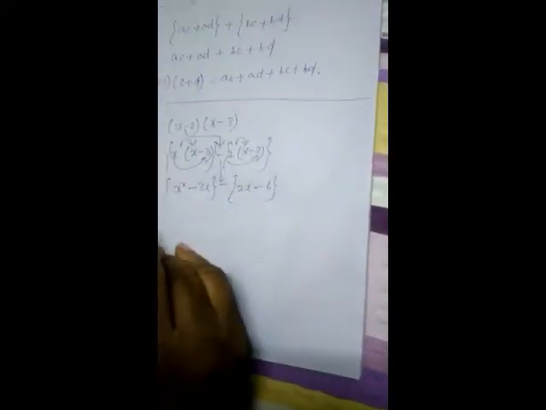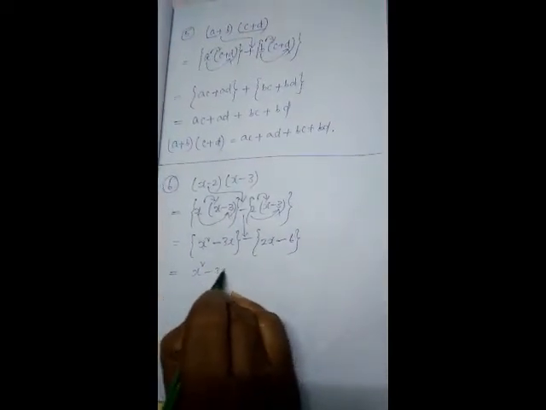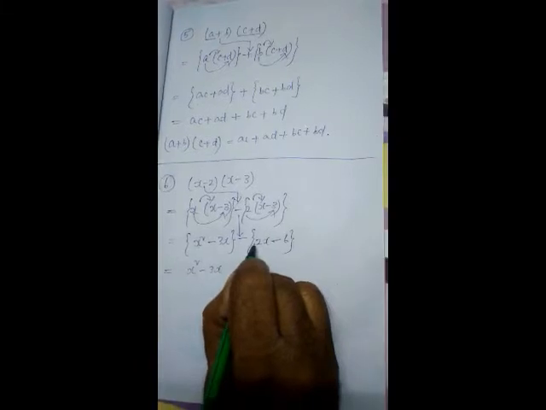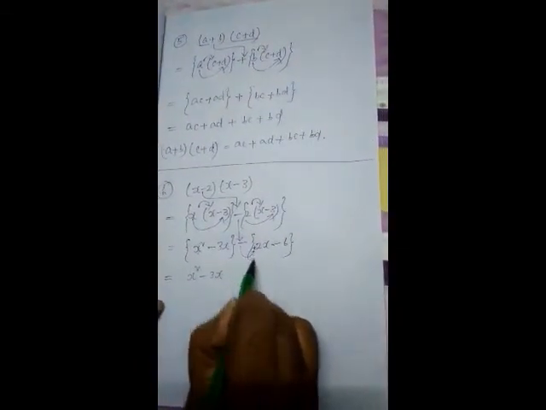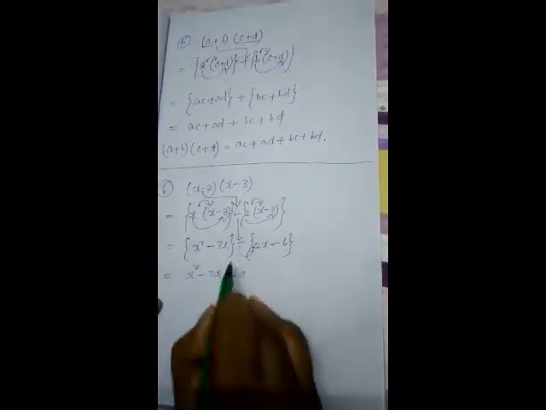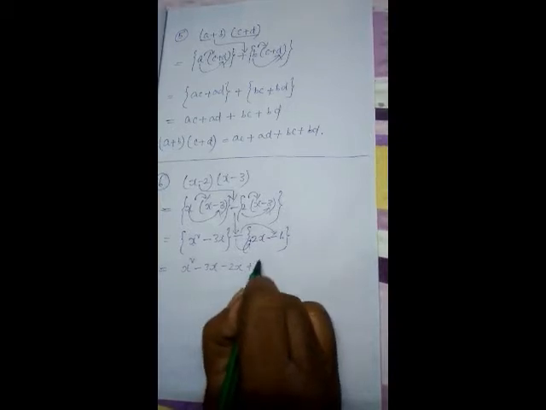Break the brackets: X square minus 3X. The symbol for 2X is plus, but because of this minus, this plus 2X will be minus 2X. Because of this minus, the minus 6 will be plus 6.